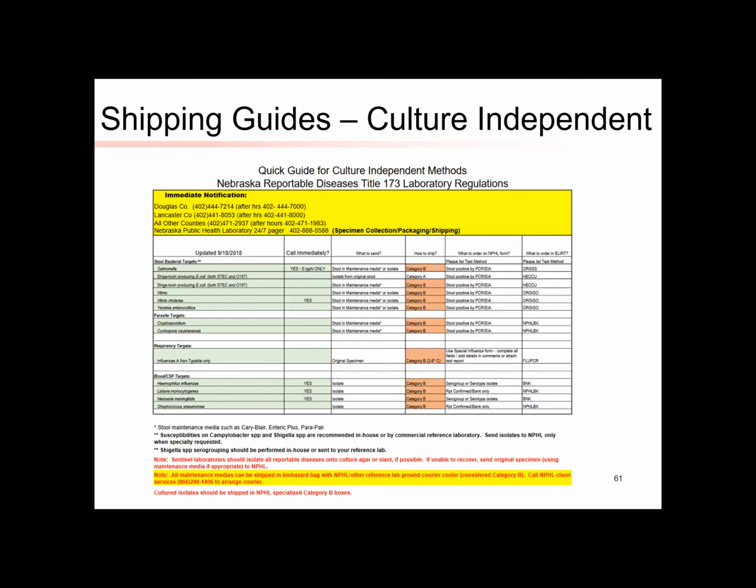We're not trying to get your business or your reference laboratory's business. We just want to make it safe. Make sure you're safe before you send it out to someplace else. This is a good guide. I would print it out and keep it on your stool bench or your BioFire bench, whatever multi-platform you use.